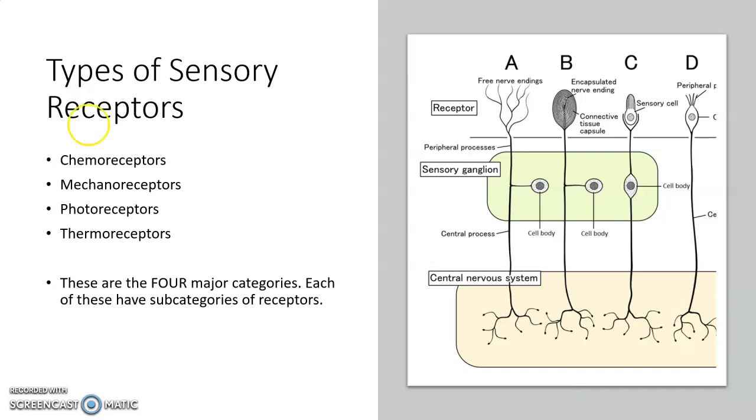Over here we have different nerves. We have a very simple nerve with 3 nerve endings. We have a mechanical receptor up here that I'll talk about in another slide. We have a cell here that's using neurotransmitters.